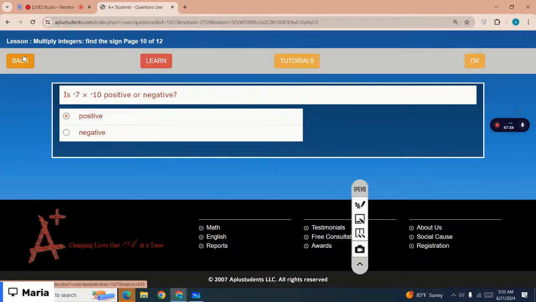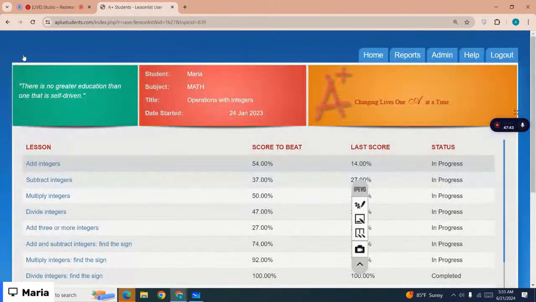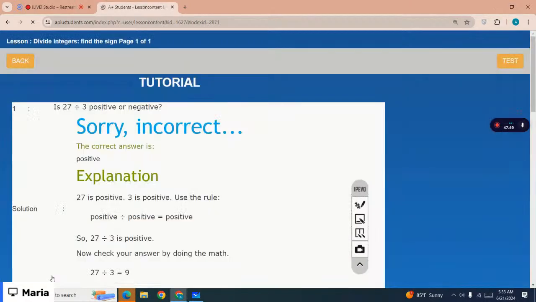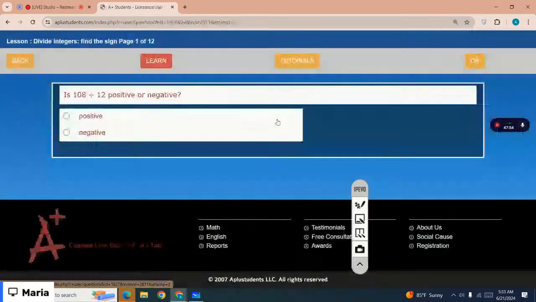Okay, you can complete the lesson by yourself later today. And the next lesson is divide integers, find the sign. When dividing integers, you have to apply exactly the same rules we just applied on multiplying integers. If both the numbers have the same signs, the answer is positive.